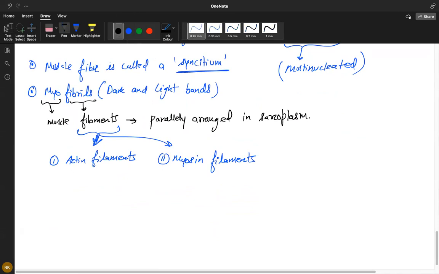Okay. So wherever actin is present, it is called the light band. It gives a light color appearance.